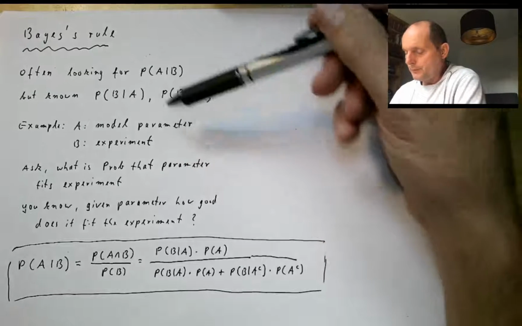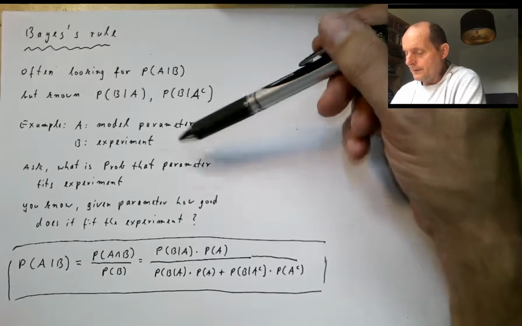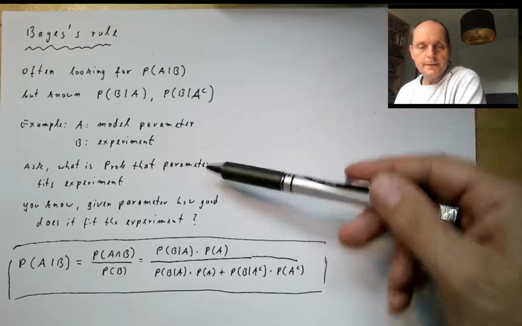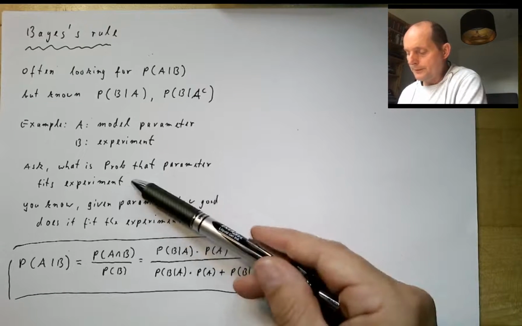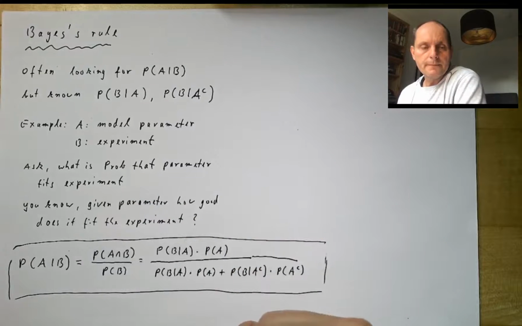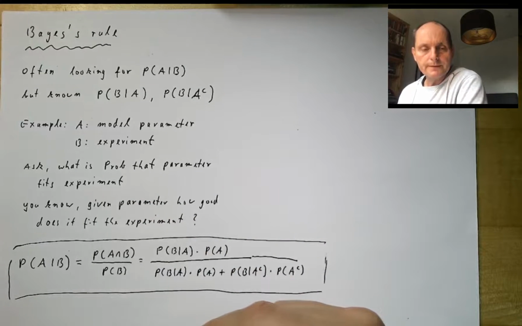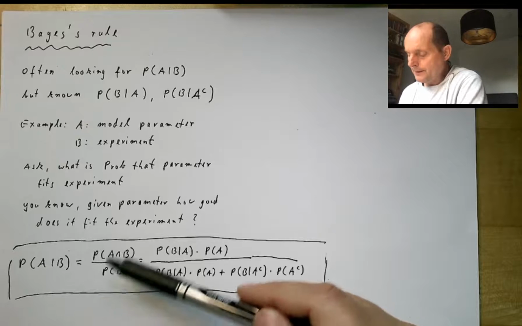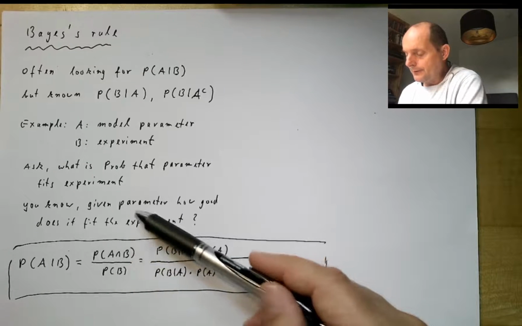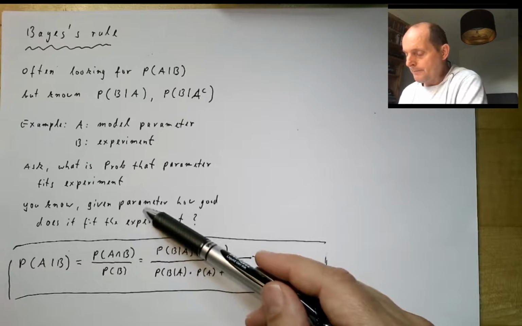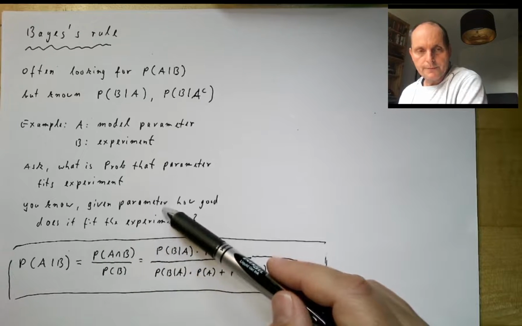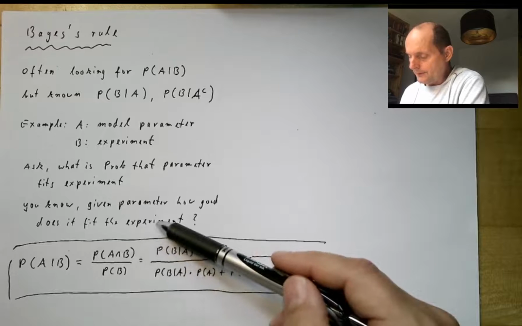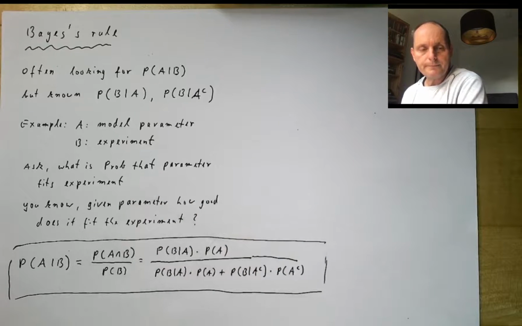And so what we would like to know is what is the probability that the parameters that we used in our model fit the experiment. But what we know is the reverse thing: what we can show by simulations using some parameters, how good do these parameters fit the experiments. So is there a way from this to go to this?